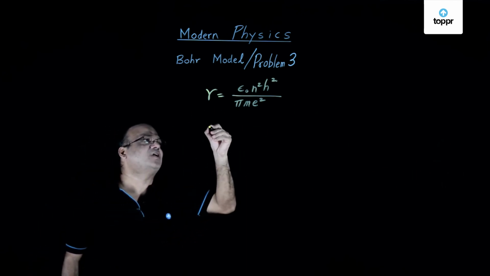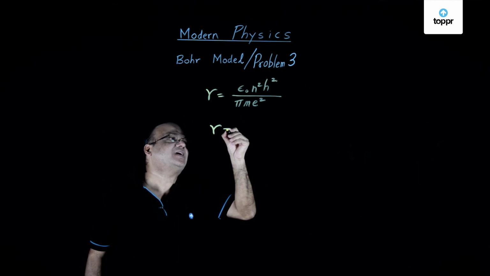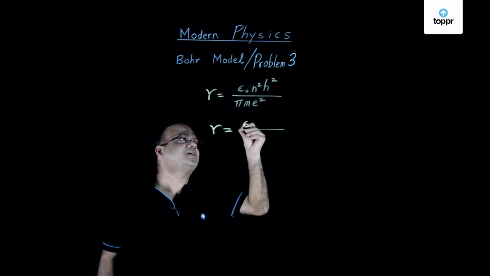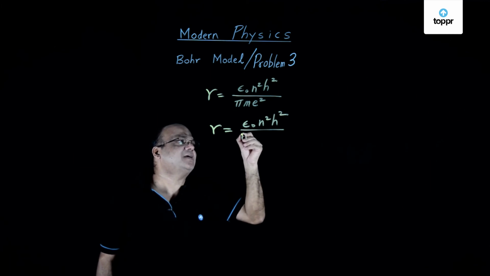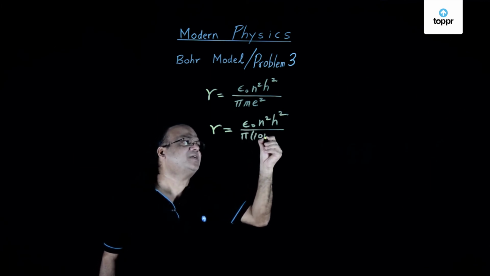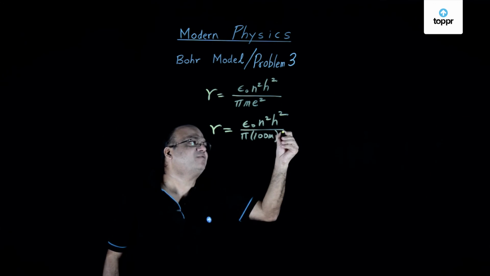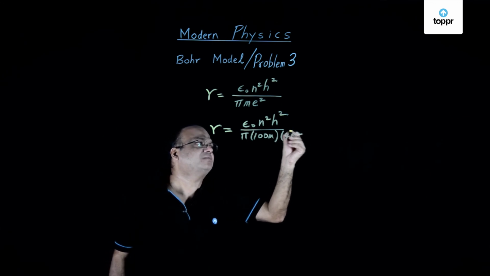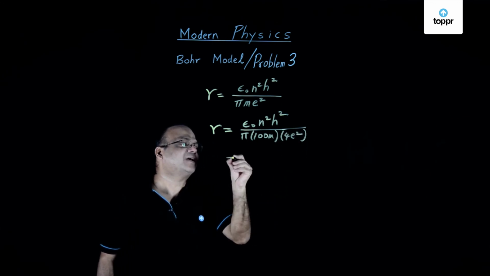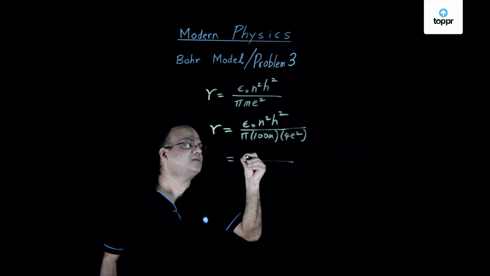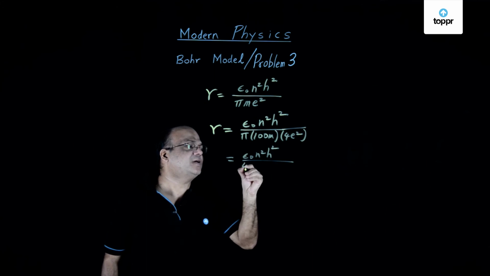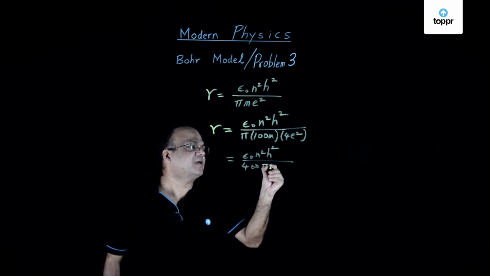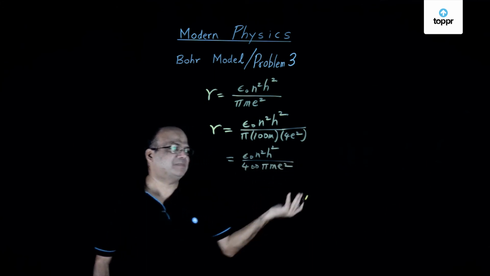Therefore, we can easily write the equation for radius: epsilon naught n square h square divided by pi, mass has become 100 times so 100 m, and this is 4e square because Z is 4. And the answer is therefore epsilon naught n square h square by 400 pi m e square. As simple as that.